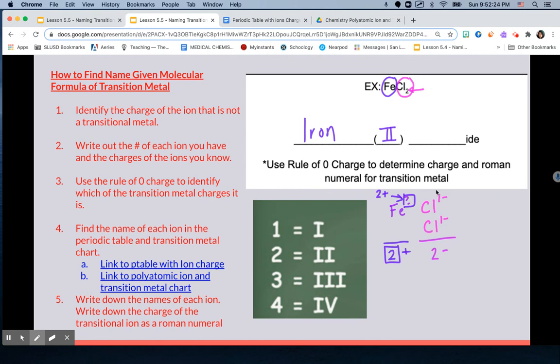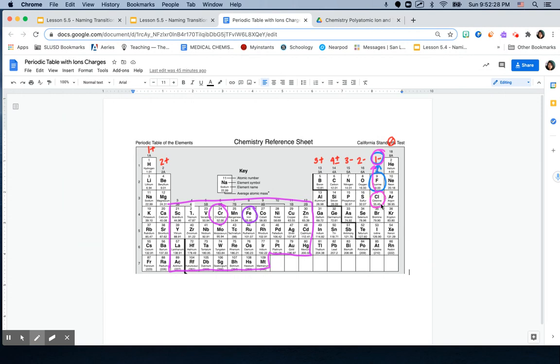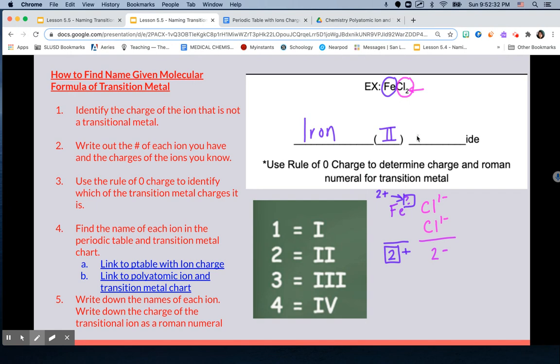Cl, what's the name of Cl? Cl is chlorine according to my periodic table. So here, oops, wrong color. Instead of chlorine, just like before, I'm going to drop the last syllable.